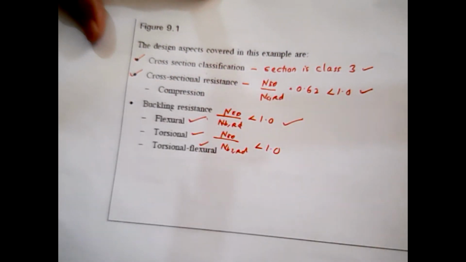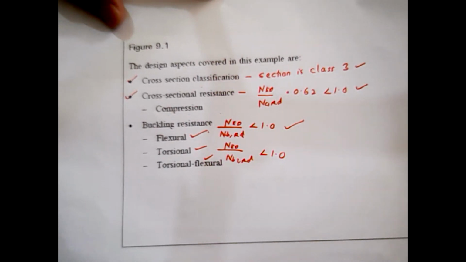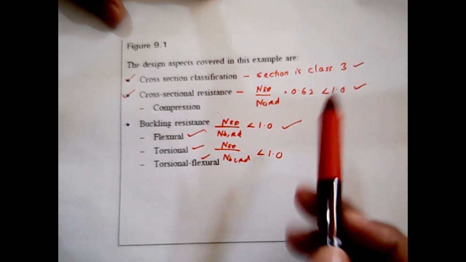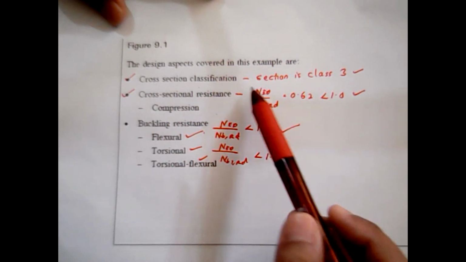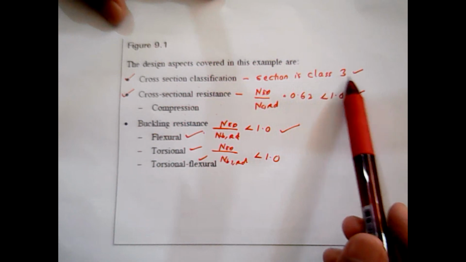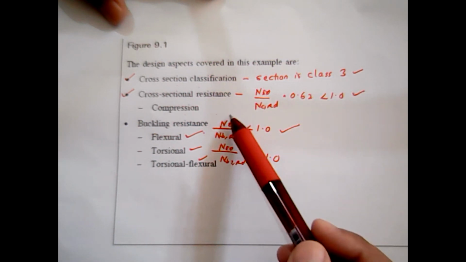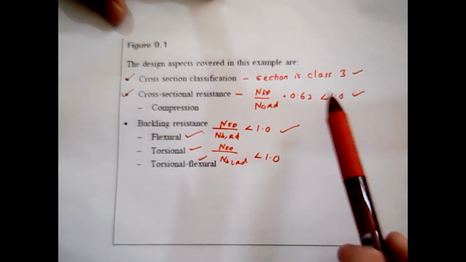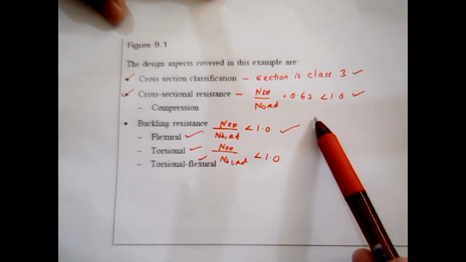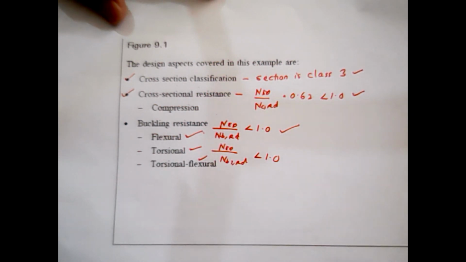So to conclude for this example, meaning that in these examples, the cross section check is passed, the compression resistance is passed, and all the checking for buckling resistance is also verified, and they are all satisfied. Next video will be example 2.